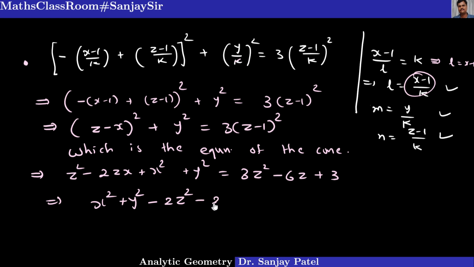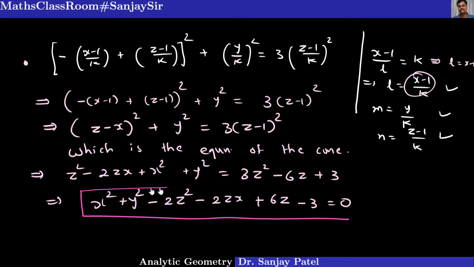Then minus 2zx minus 6z and plus 6z taking on this side, and minus 3 equal to 0. So this is the required equation of the cone in the question. Okay, so this way you can solve all the problems. Remember, a cone is a surface in 3 dimensions, and every point on the cone lies on some generator, and every point on the generator lies on the cone.